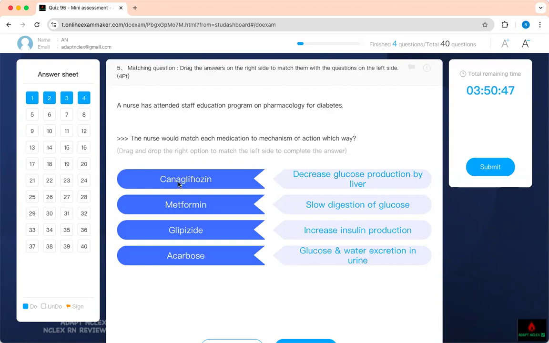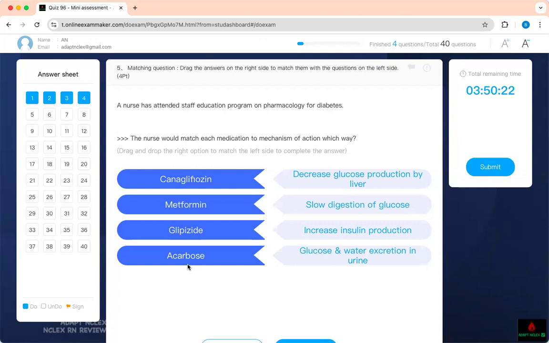So you know these medications: canagliflozin, metformin, glipizide, and acarbose. All these medications have specific mechanisms of action. You have to know a little bit about it to be able to educate them.